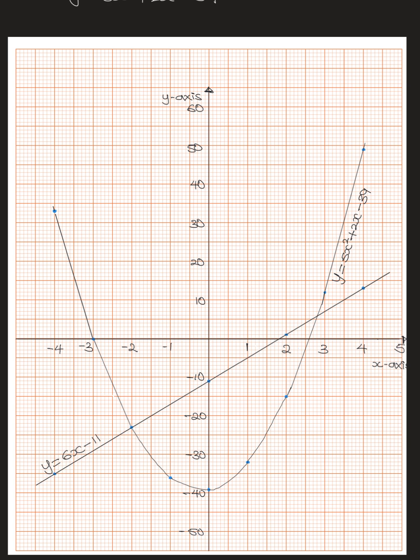So which means the roots of the equation are x is equal to minus 3 and x is equal to 2.6. And these are the same values that you expect to have if you should solve this quadratic problem using the formula method or the factorization method or the completing the square method. That is the answer for question D1.